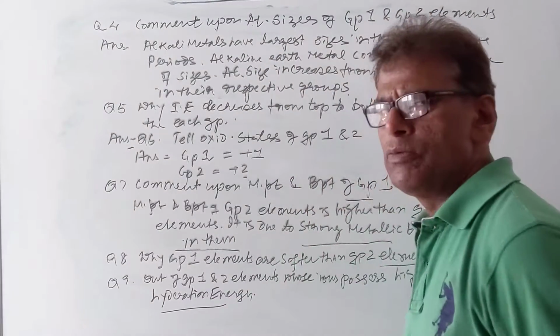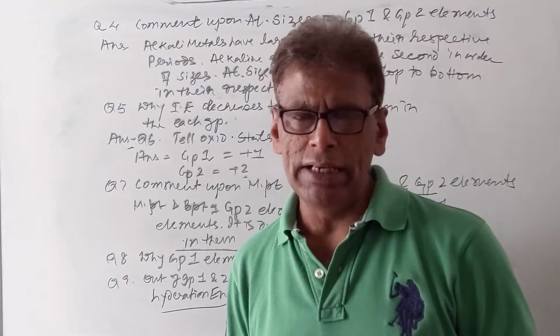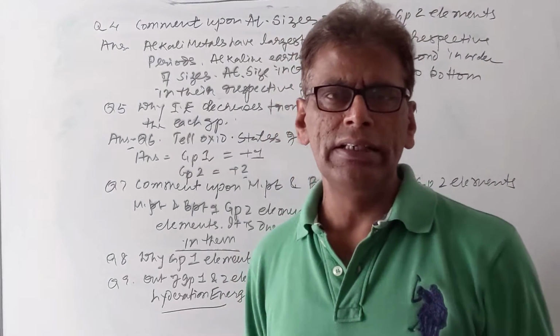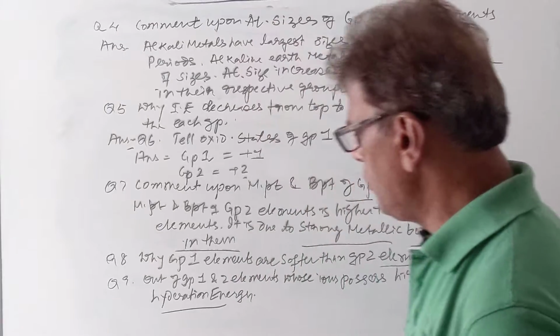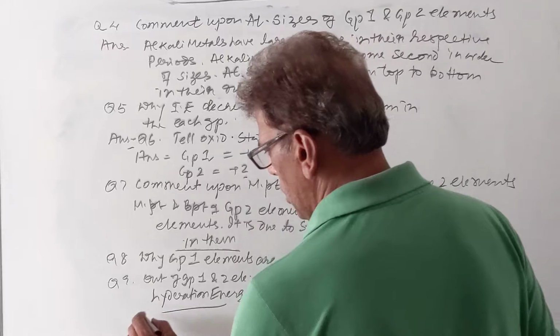Answer: the small-sized ions of group 2 elements have more tendency to get solvated by a larger number of water molecules, and they release more energy due to their small sizes.